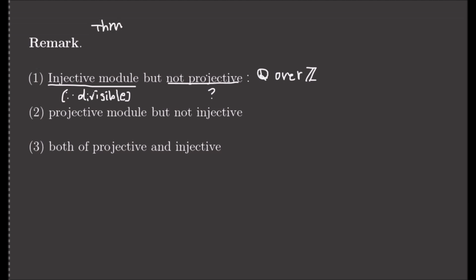The theorem is here. If M is an R-module over a PID, a principal ideal domain, meaning every ideal is generated by a single element. In the case of Z, the integers are clearly a principal ideal domain.